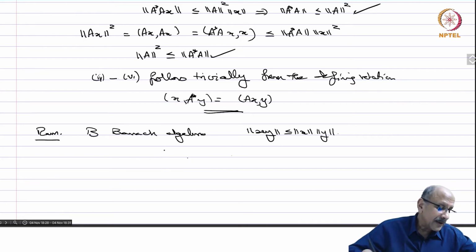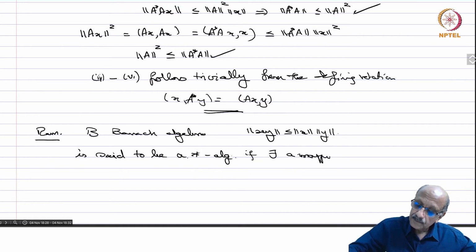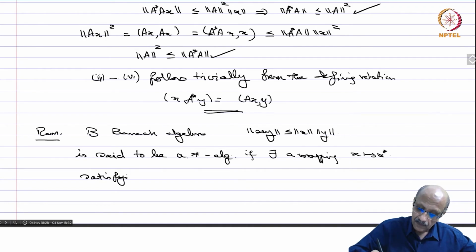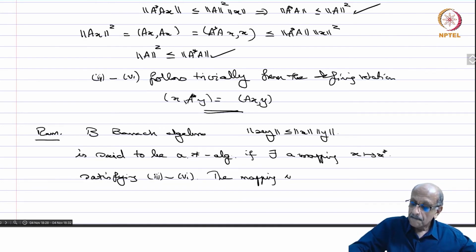So a Banach algebra is said to be a star algebra if there exists a mapping x going to x star satisfying 3 to 6, and the mapping is called an involution.